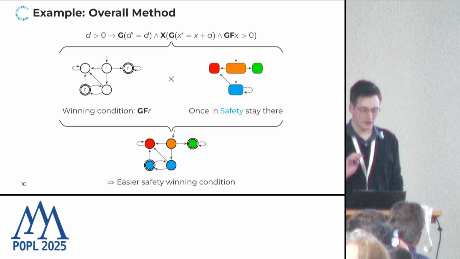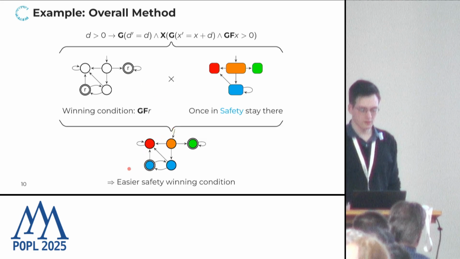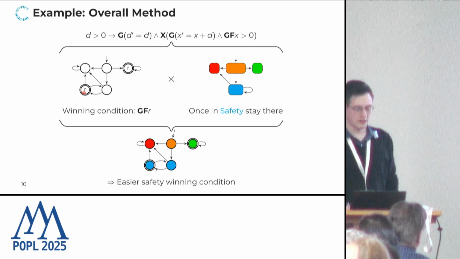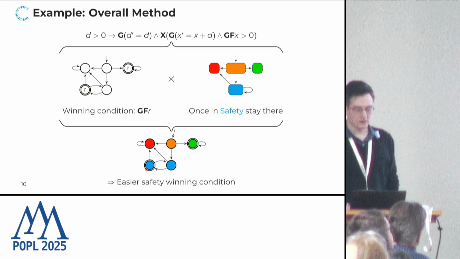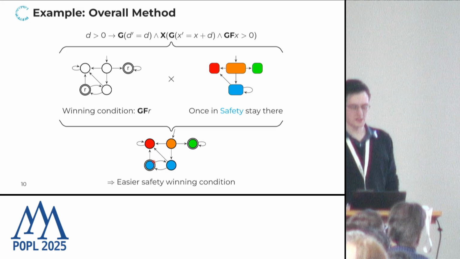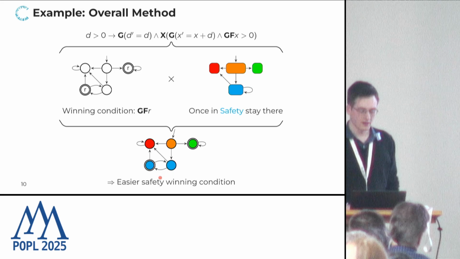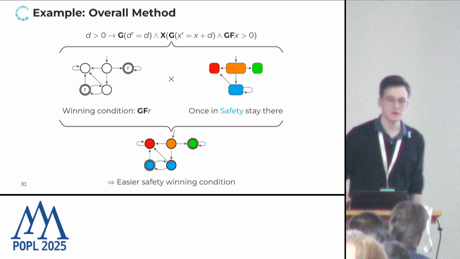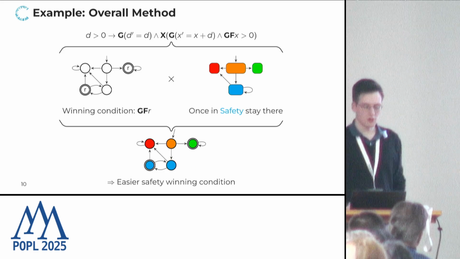And now we can construct a product, and this product will look like that. Here we had a part where we had to alternate and infinitely often do that. Now the monitor has told us this is a safety part, so it suffices if we can just stay here. And so we get an easier winning condition, because it's a safety condition, and it's easier to solve.